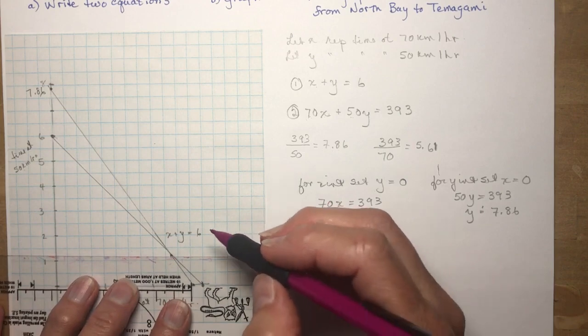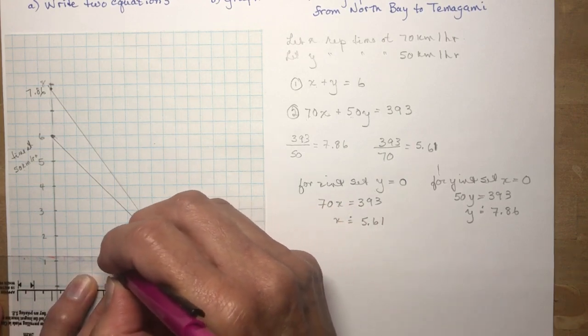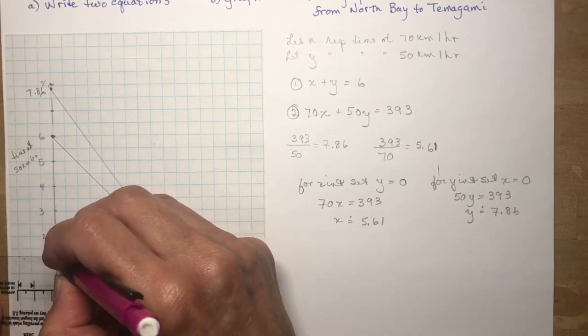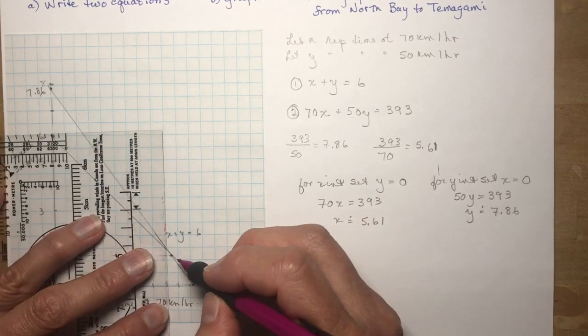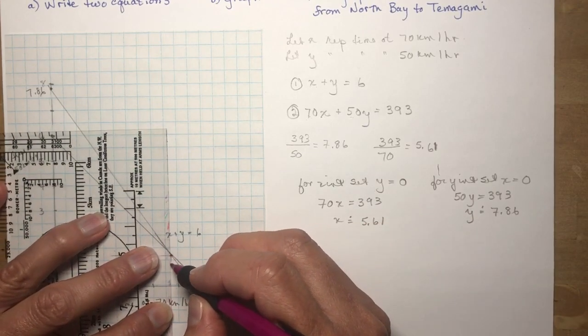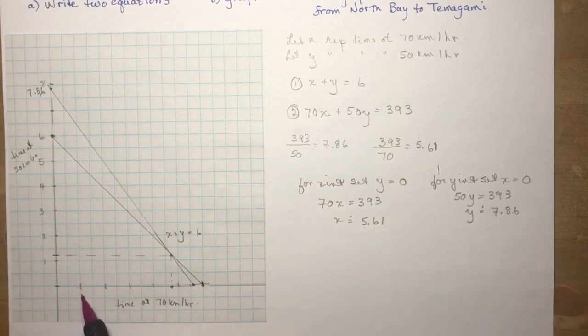So I'm going to dot that across here. So it's about here. And the x coordinate, of course, would be the other one, which would be about here. So 1, 2, 3, 4. This would be 4, 5. So this is more than 4, probably, I don't know, 4.6 or something.